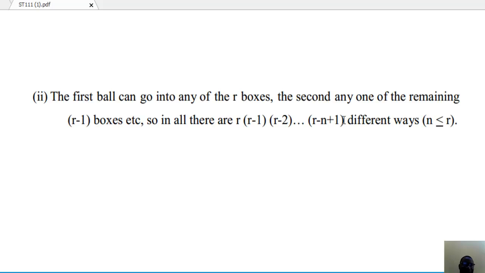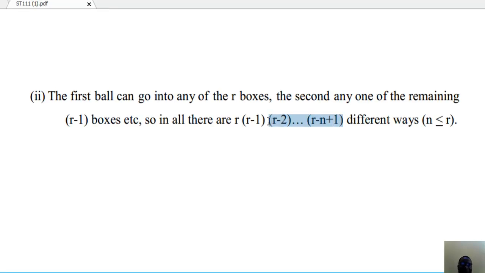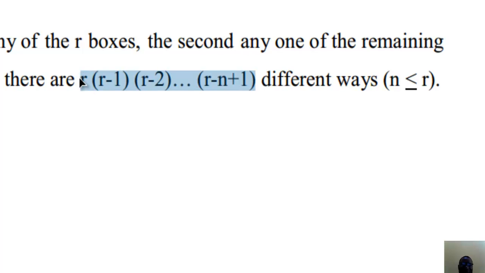This is the formula for permutation when you are not permuting all the objects, when you are taking a certain number of the objects and arranging them. So the formula is r multiplied by r minus 1 multiplied by r minus 2 up to r minus n plus 1, where n must be less than or equal to r. Okay, please take note of that formula.